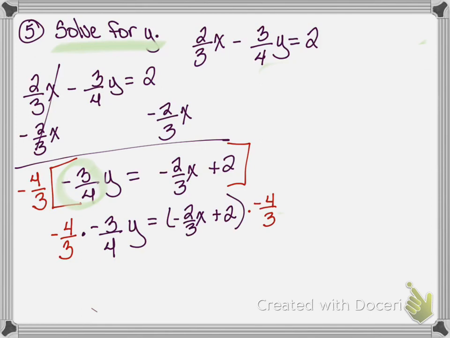Okay, so I'm going to have negative 4 over 3 times negative 2/3 x. Okay, then I'm also going to have it times negative 4 over 3 times 2. And that's 2 over 1.